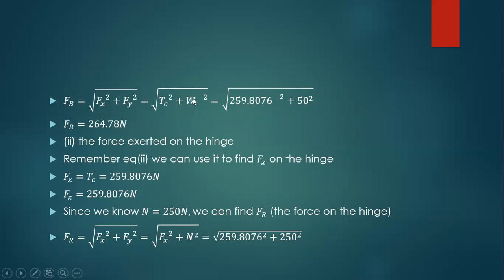Our component in the y-axis is that other weight which is hanging, and then replacing it with the actual values, squaring and doing the square roots, we find our FB to be 264.78 newtons. All right. So you should be able to confirm these values. Go out and do the punching of the calculator on your own. Maybe I made a mistake or whatnot. But the idea is this is how to go about solving such a question.